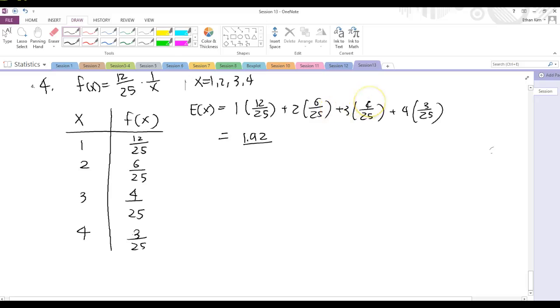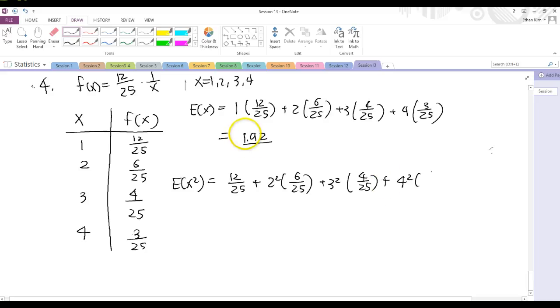And to look for variance, we have to find the second moment first. So 1 squared times 12 over 25 plus 2 squared times 6 over 25 plus 3 squared times 4 over 25 plus 4 squared times 3 over 25, and if you do the calculation, you will get 4.8.